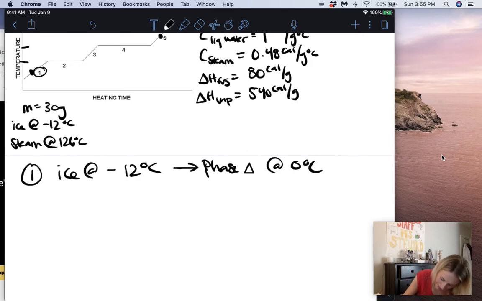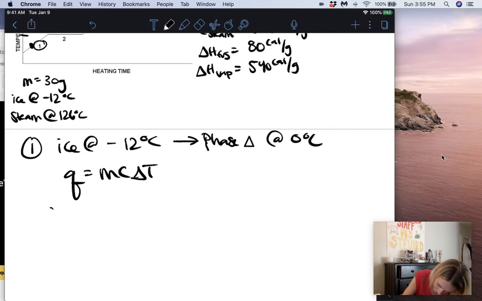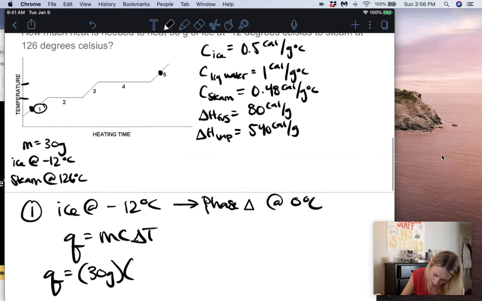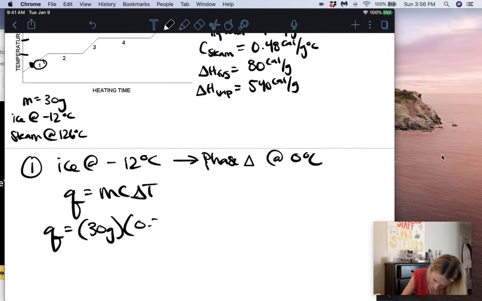So what we need here is we need Q is equal to MC delta T. The reason we can use this equation for this part of the problem is because we are changing our temperature, okay? So we have the heat is equal to mass, which they give us was 30 grams of water or ice. Solid water, right? C, our specific heat of ice is 0.5 calories per gram degrees Celsius.